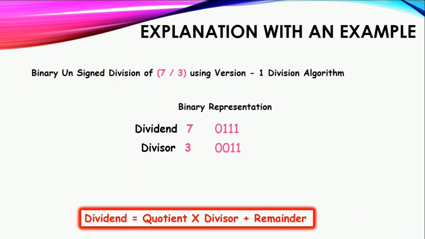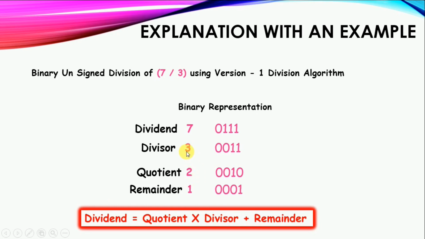According to the example, we have to perform binary division of 7 and 3 using the version 1 algorithm. My dividend is 7 and the divisor is 3. This is the binary representation of 7 and 3. By dividing 7 by 3, we get the quotient as 2 and the remainder as 1. All division algorithms must satisfy the division rule: dividend equals quotient times divisor plus remainder.